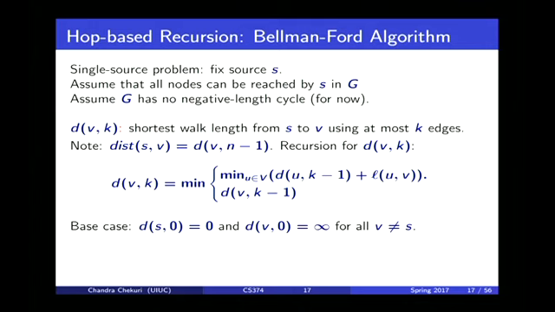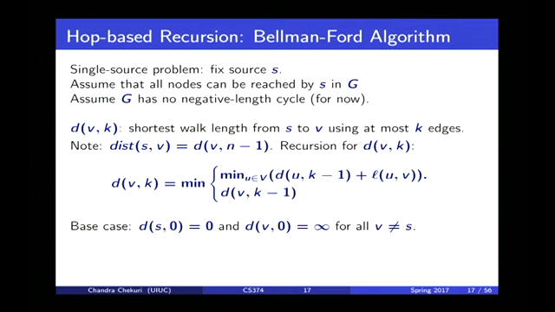Or if I really need to use k edges, I want to find the shortest walk with at most k edges. How does that walk look? It starts at S, goes to V, and has k edges. Let's look at the guy before V on that walk of length k. Some vertex U. The walk from S to U has k minus 1 edges, and it had better be the shortest walk from S to U using at most k minus 1 edges.